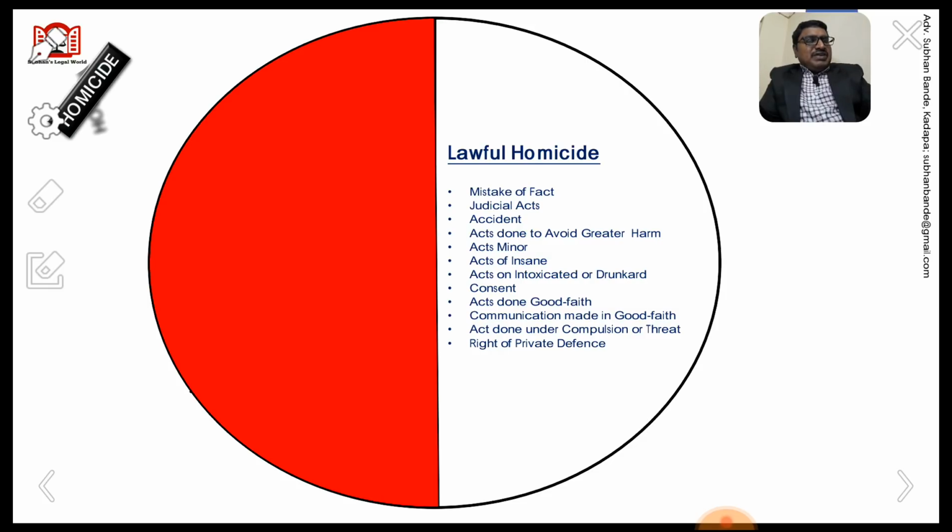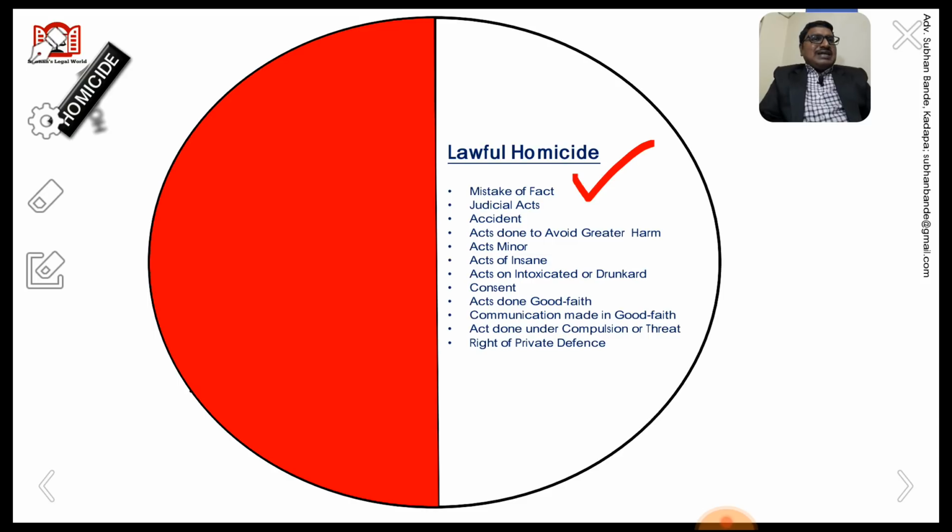From sections 76 to 106, the general exceptions are enumerated in Indian Penal Code 1860. They are mistake of fact. If a person causes the death of another person by mistake of fact, it is not said to be a murder or culpable homicide. It is a lawful homicide subject to the essential conditions specified under mistake of fact under Indian Penal Code.